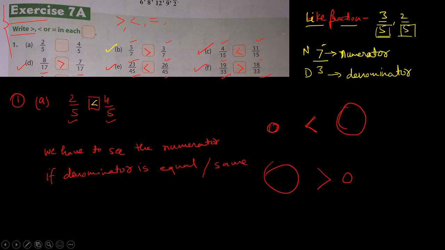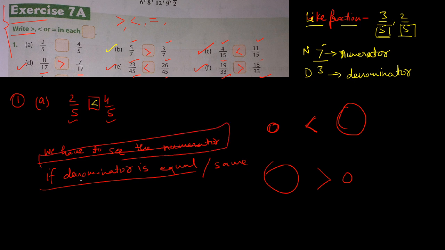Look at each and every question. In each and every question, the denominator is the same. So if the denominator is the same, then we have to see the numerator. The greater the numerator, the greater the fraction. Okay.